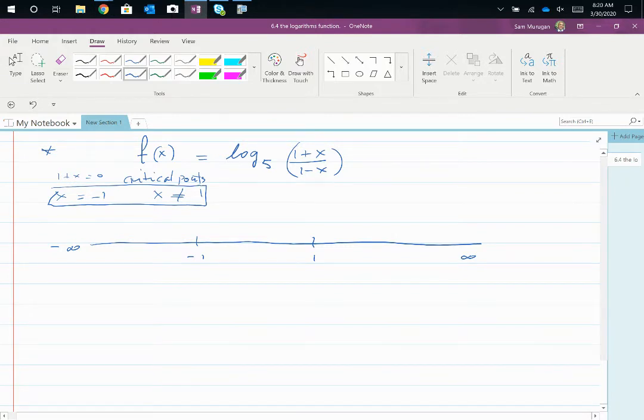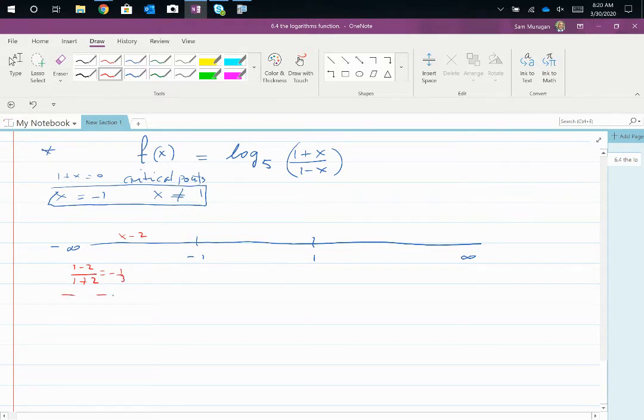And now the goal here is to check to see where the values are positive. So between -infinity and -1, we can test, say, x equals -2. So 1 minus 2 over 1 plus 2 gives me a negative number, right? -1 over 3.